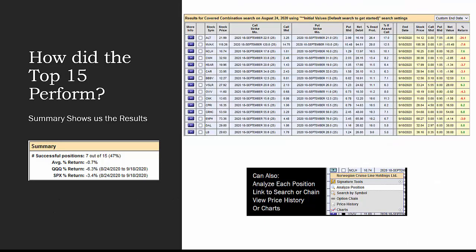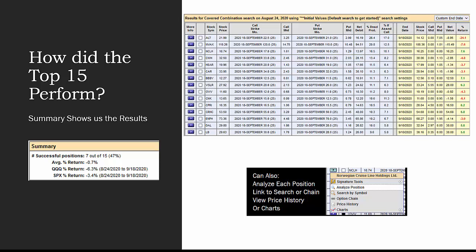Well, for the first run, how did the top 15 perform? We see the outcome of each individual trade at expiration, remember, no management, and then we get a summary. In this case, from August 24th to September 18th of 2020, only 7 out of 15 were profitable. That doesn't mean they received the full profit.